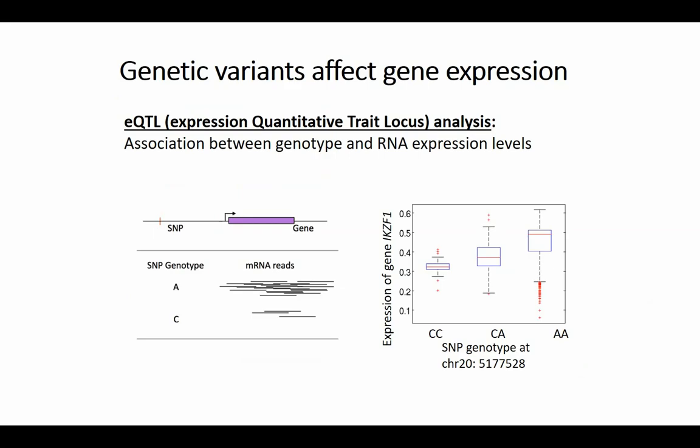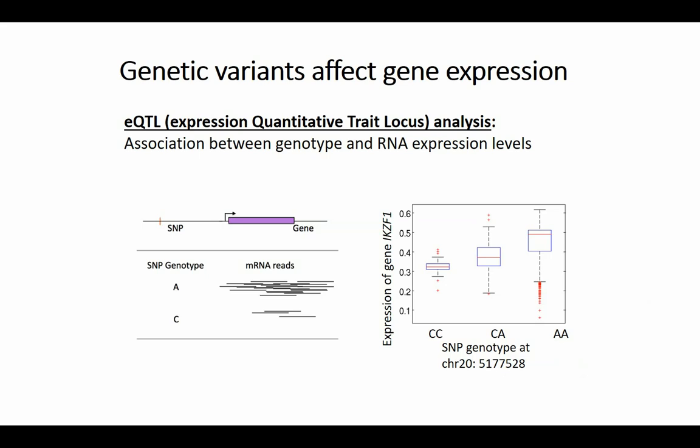So what's the idea? In a very schematic way, we are looking for eQTL, which stands for expression quantitative trait locus, but the more intuitive naming is to try to find association between genotype, which is those letters that are written in our genome, and RNA expression level. And I think it's all illustrated in this very simplified version, in which you have here a gene.